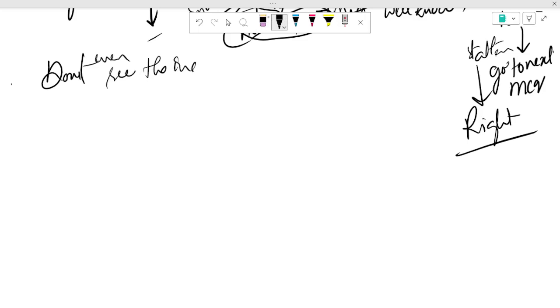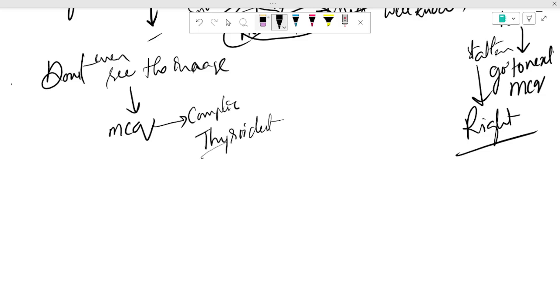And what they do is they simply read the MCQ. What will happen then? For example, the MCQ was given regarding the complications of thyroidectomy. Now, what will happen?